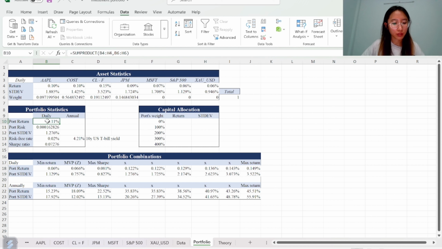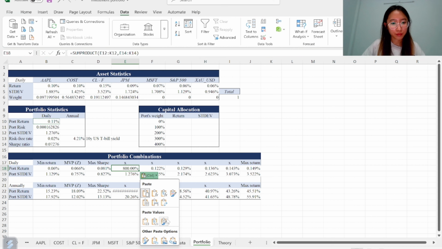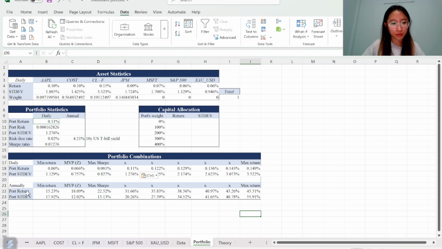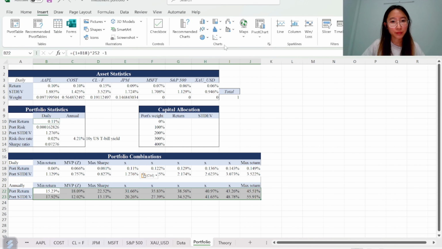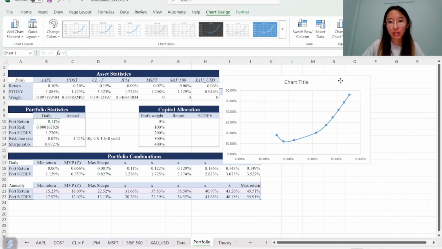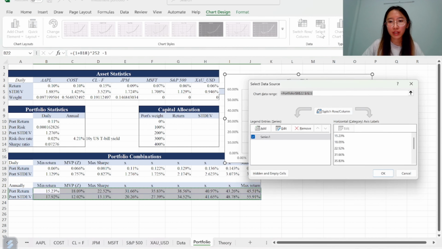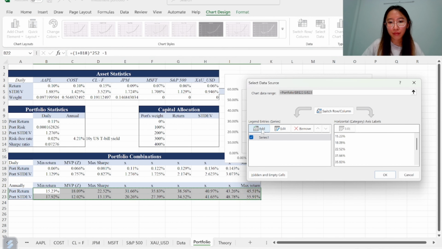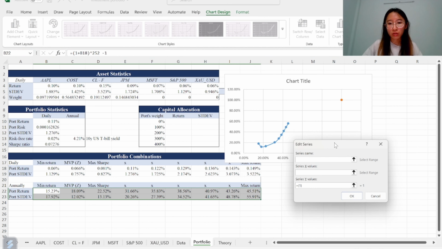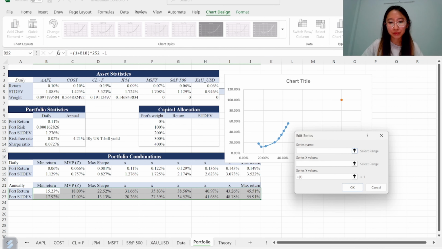So let's grab our chart. It is a little bit odd because actually it's messed up the horizontal line and the vertical line.